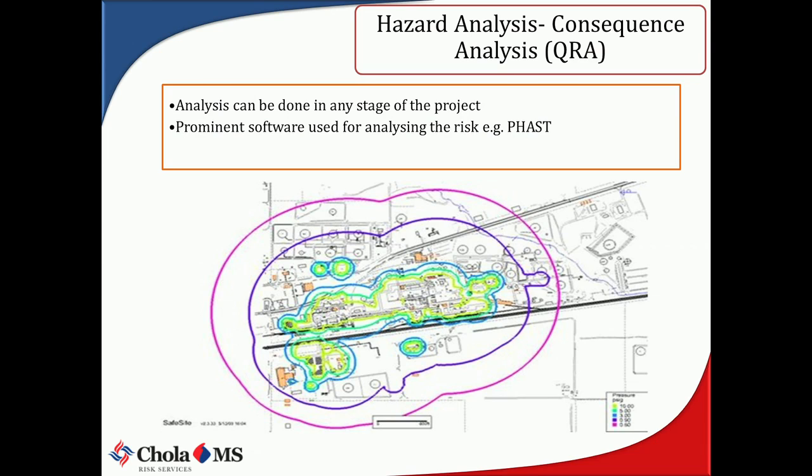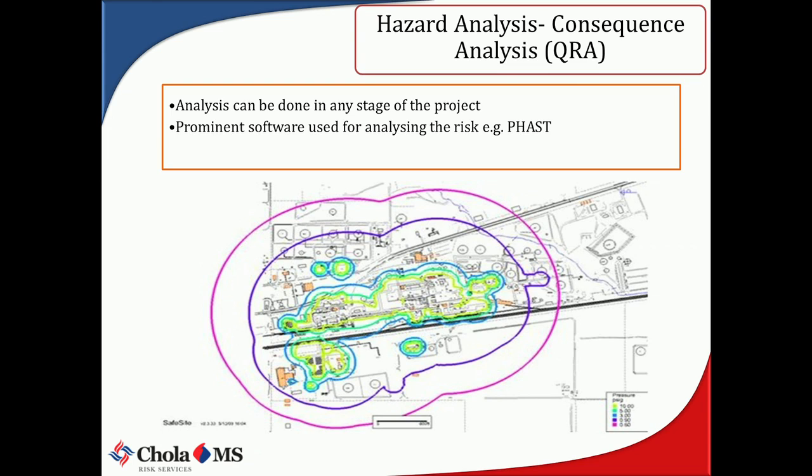Okay. QRA is what you saw in that video clipping: it tried to recapture what quantum of material could have been released, how it got its source of ignition, and the moment this happens, what the consequence is, be it heat radiation, explosion, or even toxic release.